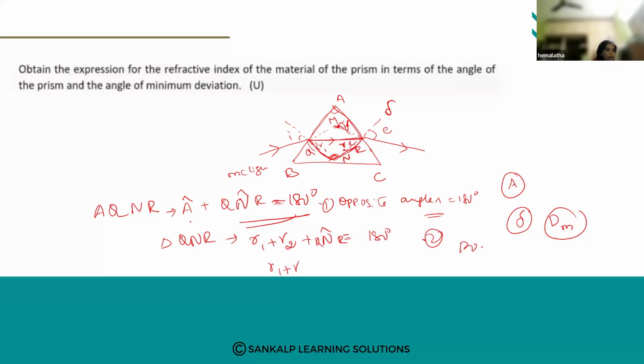From the first and second, we can say that R1 plus R2 is equal to A.